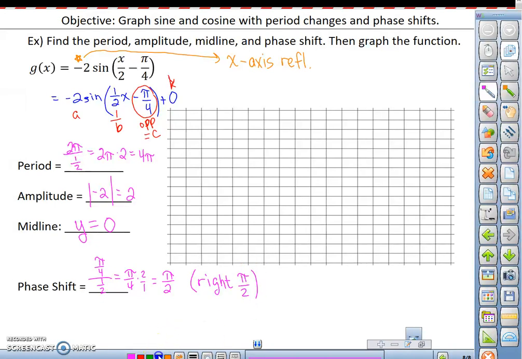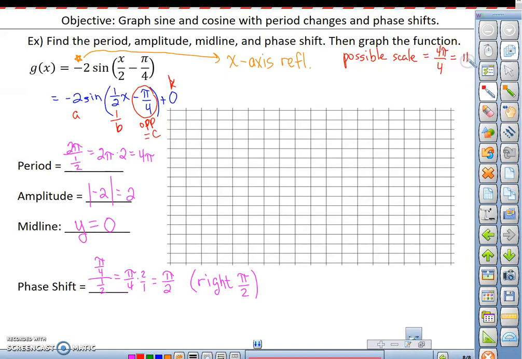All right, so now we're going to look at drawing our axes, figuring out a scale to use for our x-axis. So a possible scale, I can take that period of 4 pi radians, and divide it by 4, and that gives me pi.